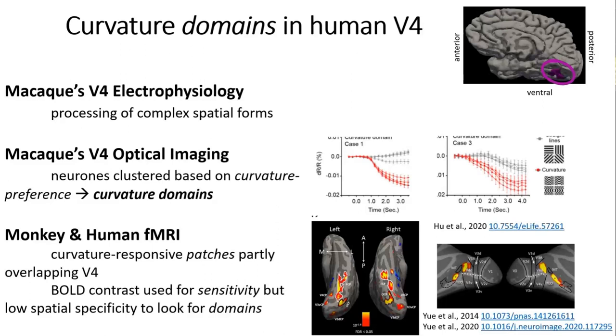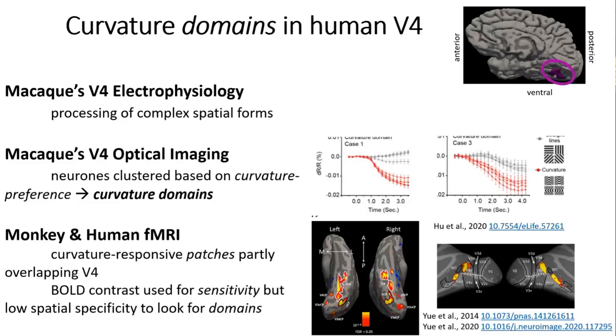In humans, however, this type of fine resolution has not been achieved with standard fMRI. However, using BOLD fMRI, it has been shown that there are patches along the ventral visual stream that are selective for curvature. When we present, for example, balls versus squares, these areas have a preferential response for the rounded shapes compared to the squared ones.